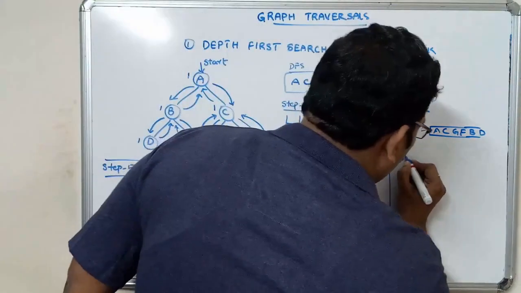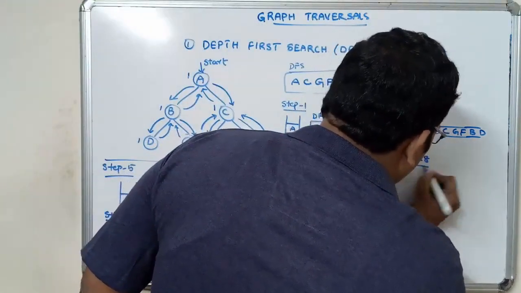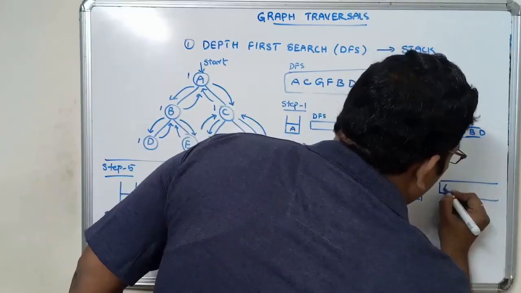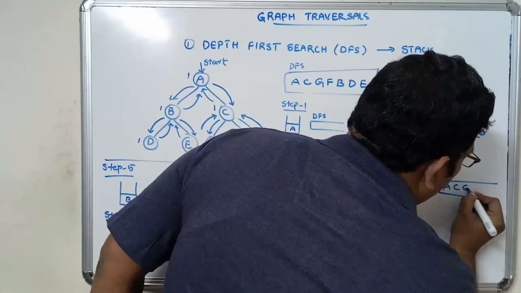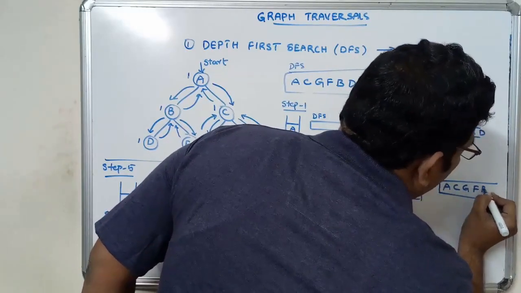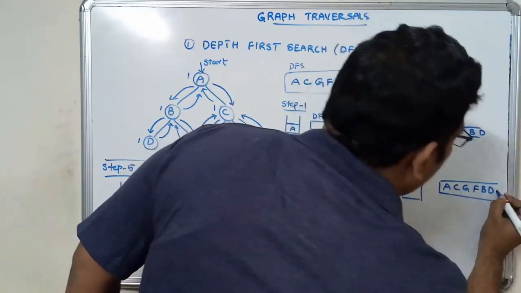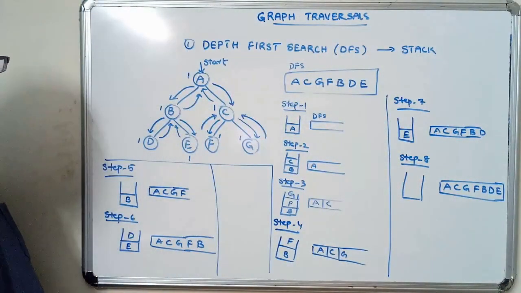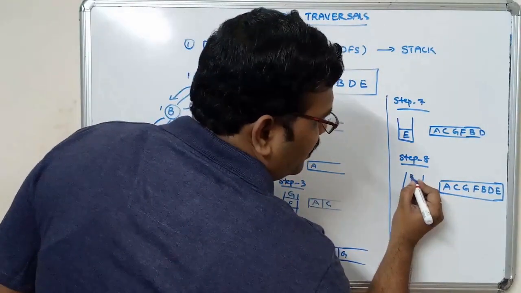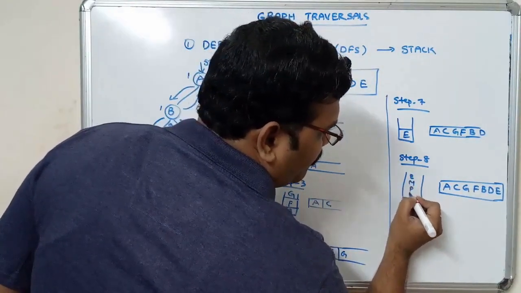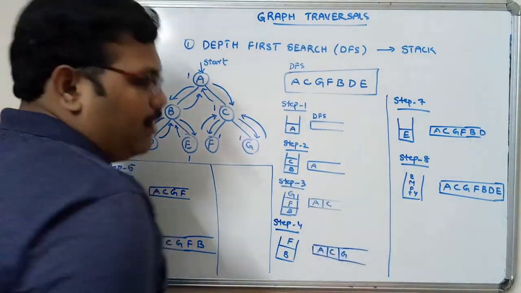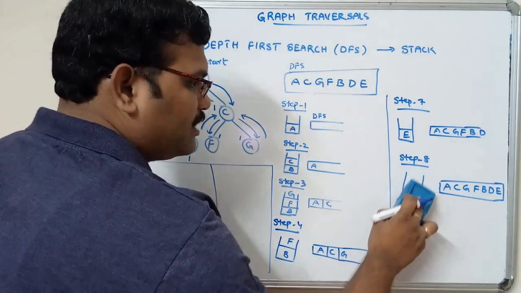So after step 8, the stack is empty and the DFS traversal is A, C, G, F, B, D and E. So the stack is empty. Don't get confused, I have just written empty.